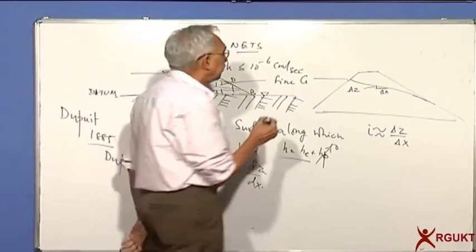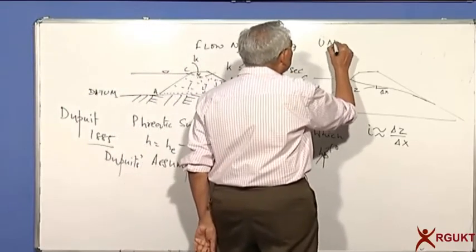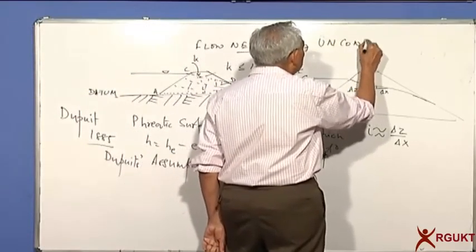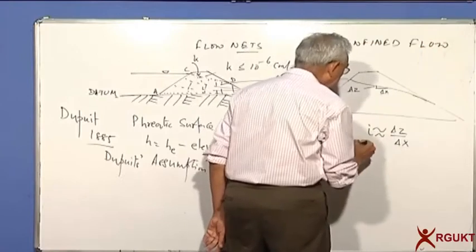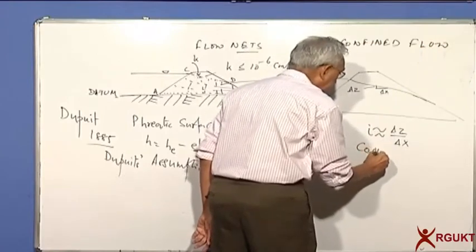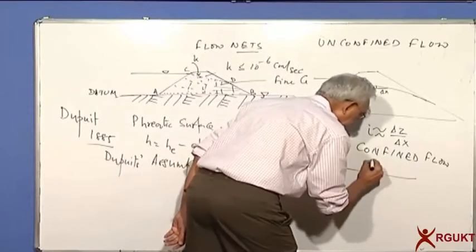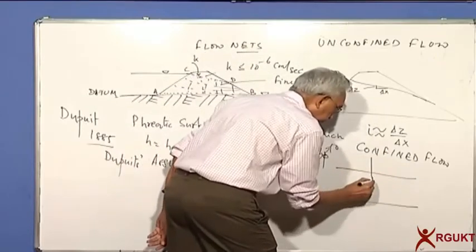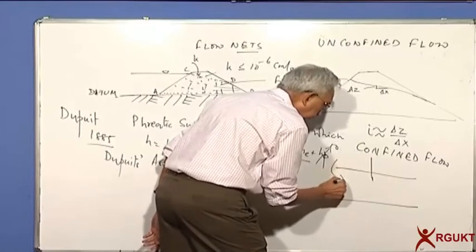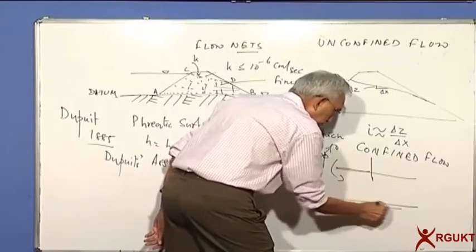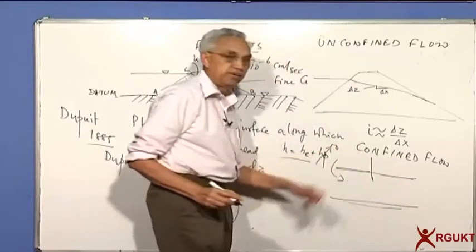Another way we define these problems is, it is called unconfined flow, whereas earlier we were looking at confined flow. When we are looking at flow through a pervious medium with a cutoff, we know that the flow is all bounded by these two planes, so it's called confined flow.